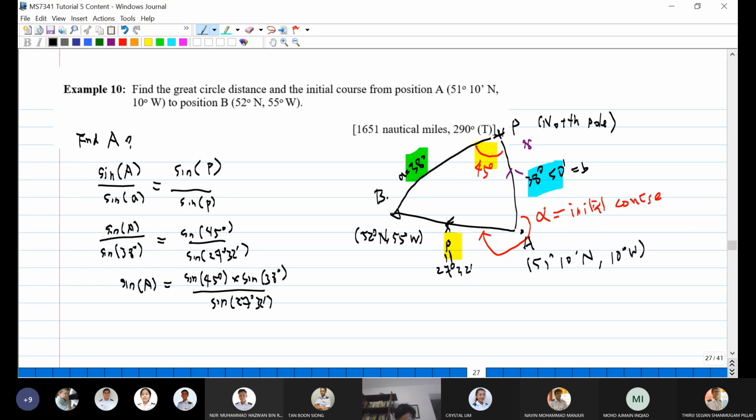So this is 0.94175. So A is equal to sine inverse of the answer. So sine inverse, okay, 70.21.